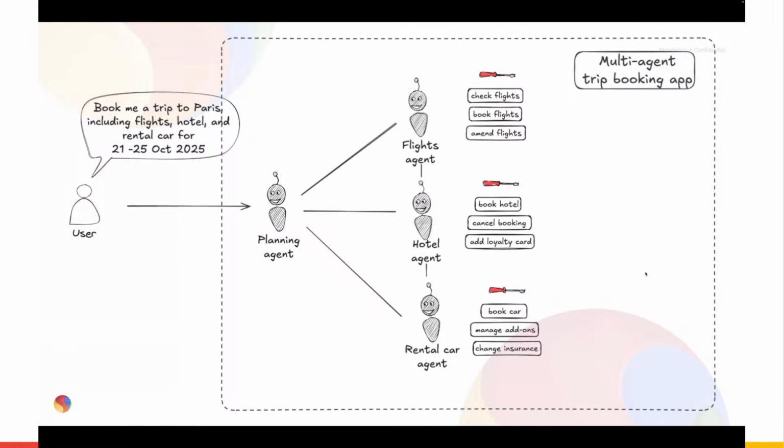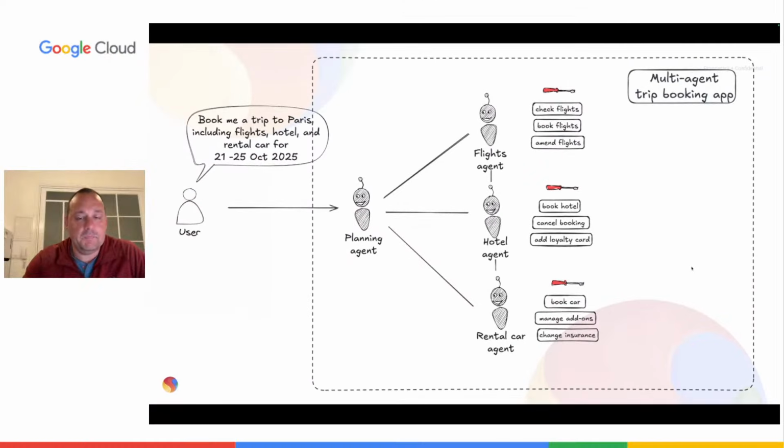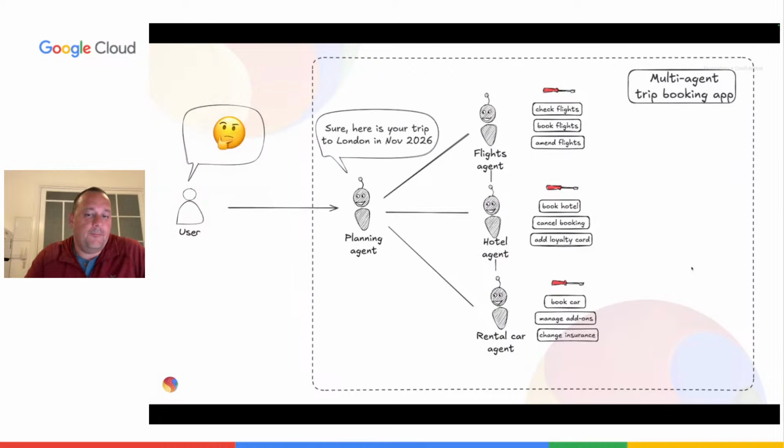For any one of you who have already built these kind of agent systems, you might be familiar with the challenge that when you ask your agent system to book a trip to Paris on these dates, it might come back and say, sure, here's your trip to London on a very different date.